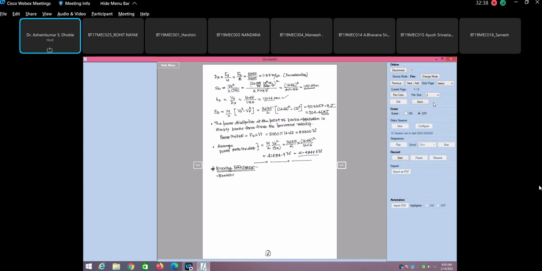So braking force is basically the force or the resistance applied to stop a vehicle or reduce its speed.